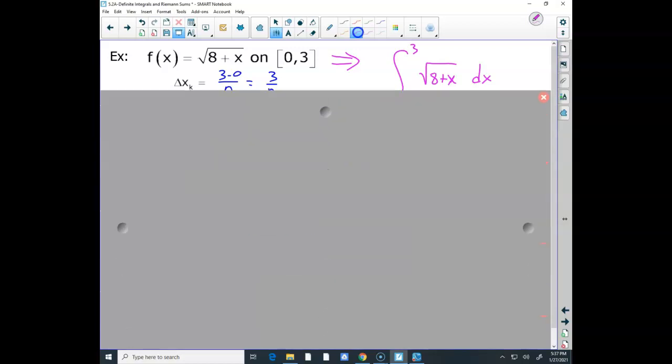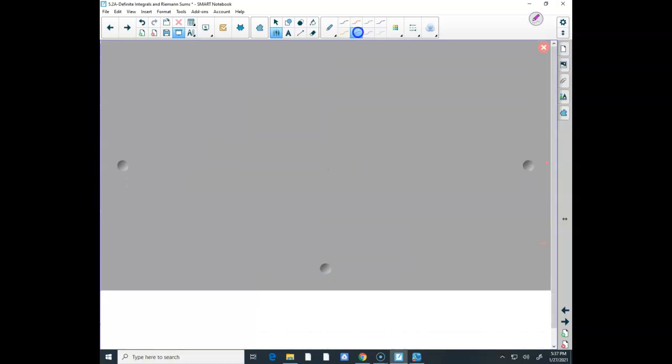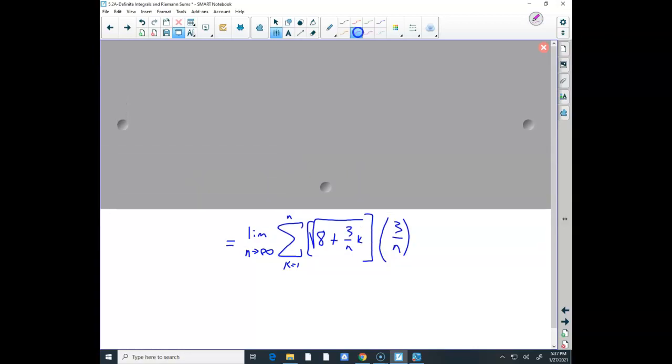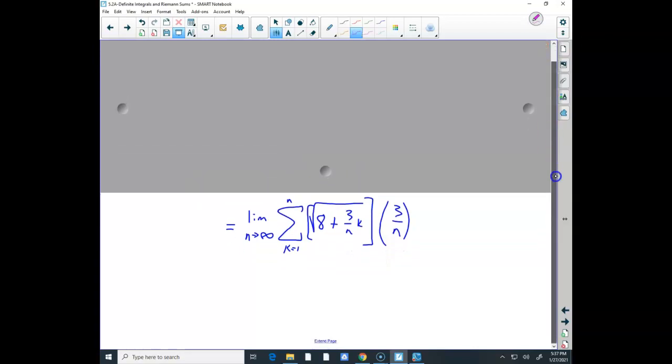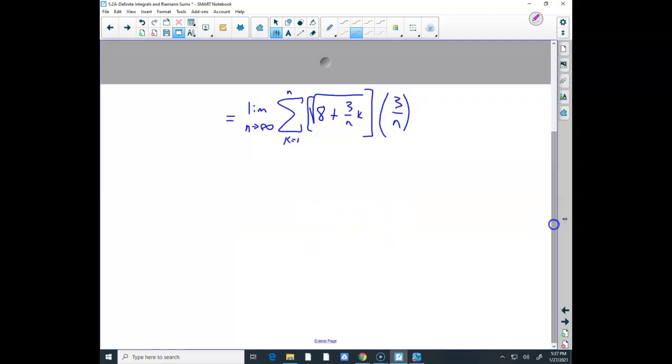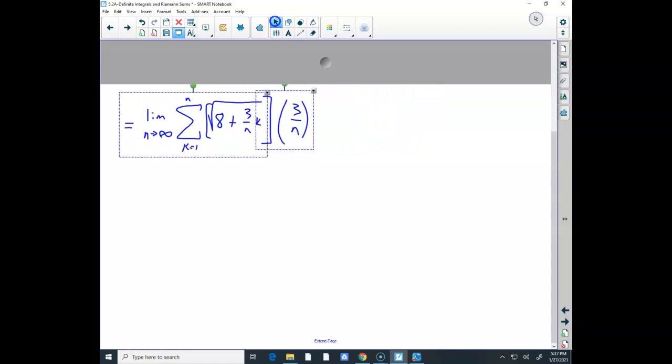So what we did is we're coming down here and we wrote that out. So what I'd like to do is I would like you to translate this from what we had when we typed it in. This is the version the AP is going to give us. And I kind of did this a little backwards, but if you're honest with me, and I know you guys are all going to be honest with me now, I hope, we're going to take this and I want you to express this as a Riemann sum.